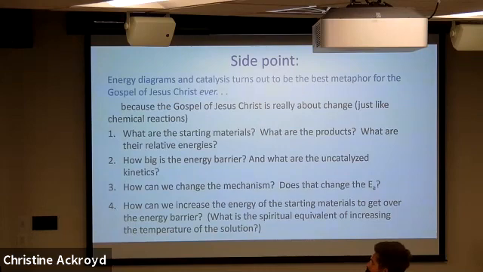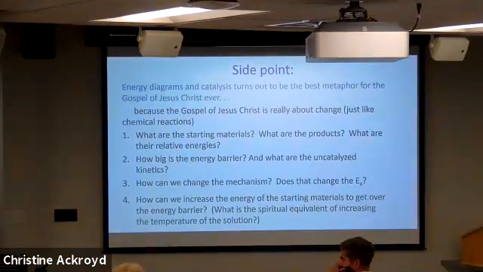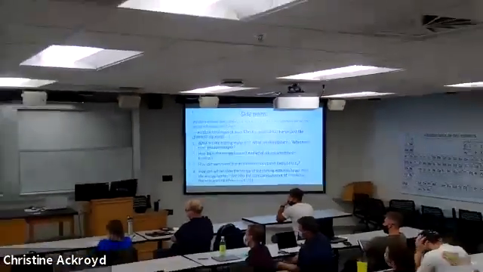Okay, so we have to change the mechanism. The only way we know to change a mechanism is a catalyst, right? What is the catalyst? Our relationship with the Savior and the blessings of the atonement are the catalyst. Okay, so when we fully covenant to serve the Lord and enter the path that includes spiritual gifts, so we enter in through the gate of baptism, we bring the Spirit into our lives, we have the change of heart that Alma talks about.